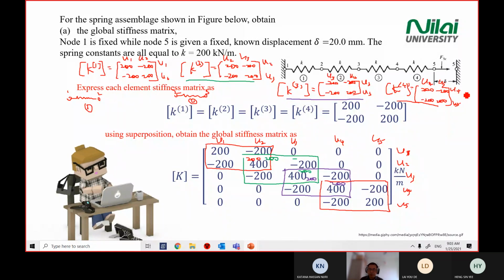So U4, U4, U4, U4. For the fourth element, you use red color pen. So 200, and then this one negative 200, negative 200, 200. So that's why in this location you will see 400. This location you see 400. This location 400. Okay. So when we look at an individual element later on, you only look at this small square that I drew on the screen here.